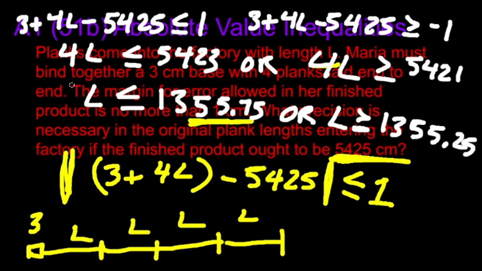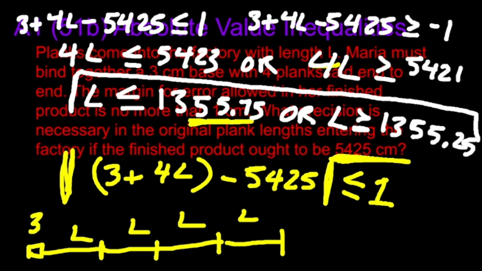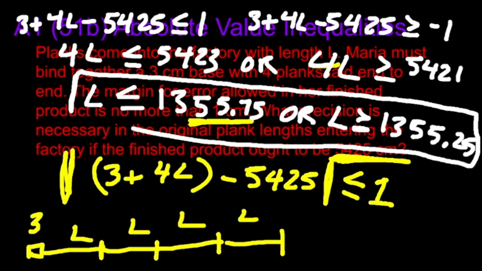That's my answer. All right, all of the lengths coming in to the shop in order to guarantee we have an output within 1 centimeter of what we want. All of the incoming lengths need to be between 1,355 and a quarter centimeters and 1,355 and 3/4 centimeters.